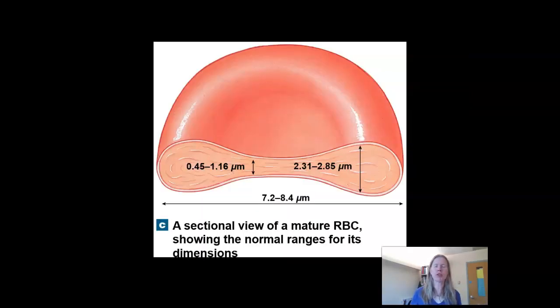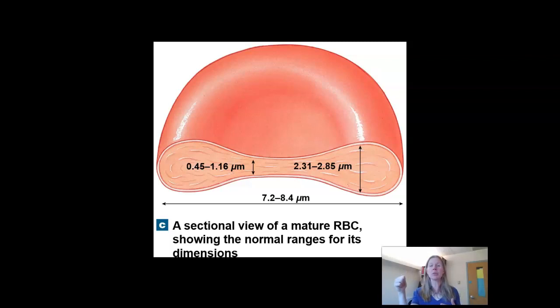Now, red blood cells are shaped like a biconcave disc, which could be excellent knowledge for trivia night, but you might also be going like, who cares? Basically, it's a disc, but it's concave on both sides. It's kind of hollowed out. It gets this shape because it actually loses its nucleus during development, right?